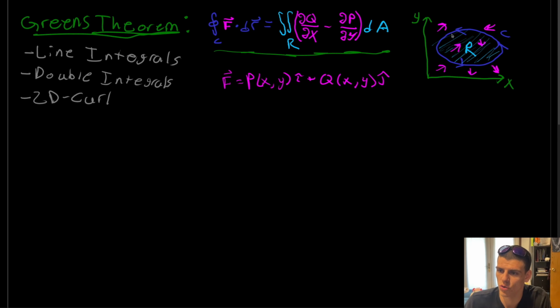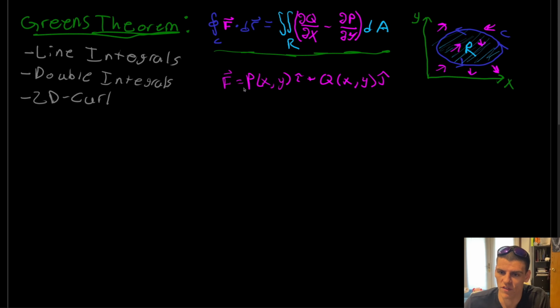So it's taking the 2D curl at every little point inside of R and adding them all up, and that is going to be equivalent to the line integral counterclockwise around the curve C. And you can see how these connect together, because the 2D curl at a point is how much counterclockwise rotation the vector field has. So it's saying, hey, the curl at every little point is equivalent to the total curl around the perimeter of this region.